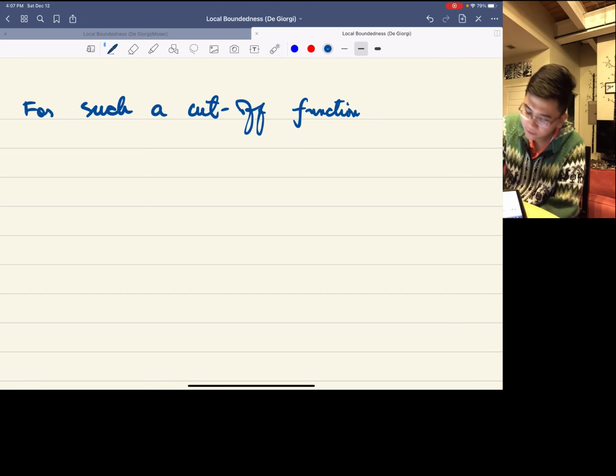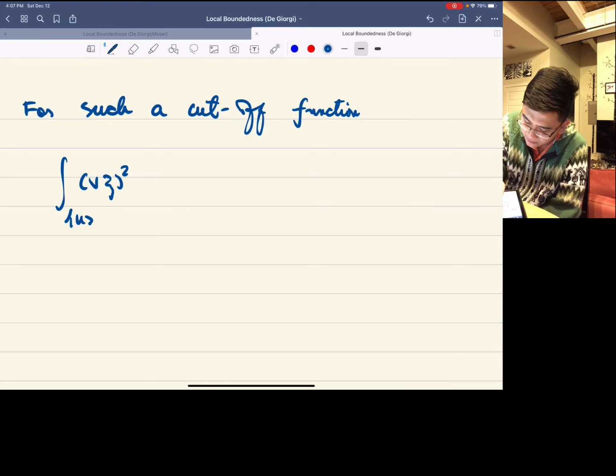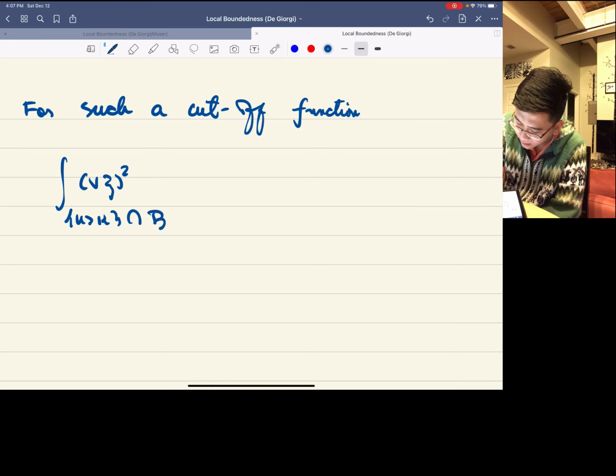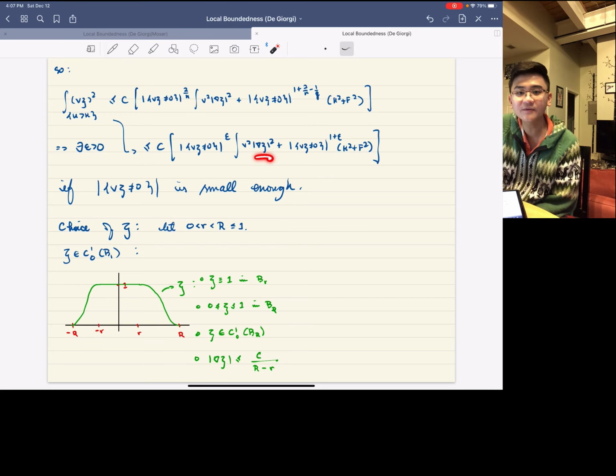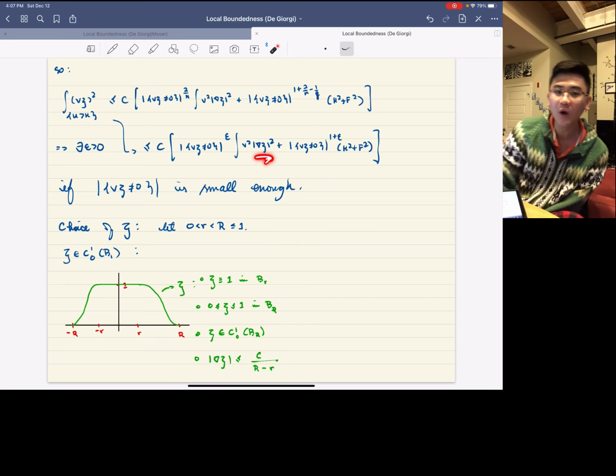We have now v zeta squared. So this is in u bigger than k intersect B_R. Note that the support of zeta is in B_R. This is less than or equal to some constant times, so we are going to estimate this term. This is controlled by, sort of proportional to, 1 over big R minus little r.